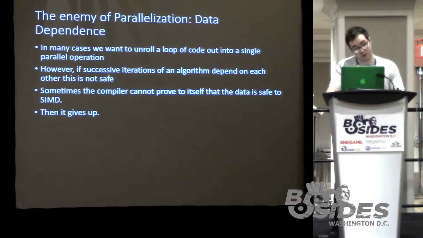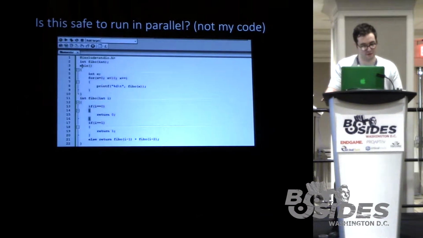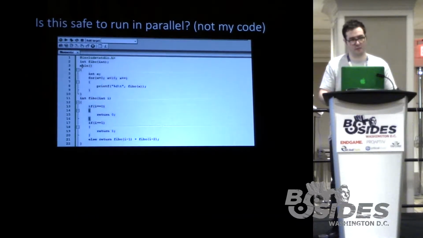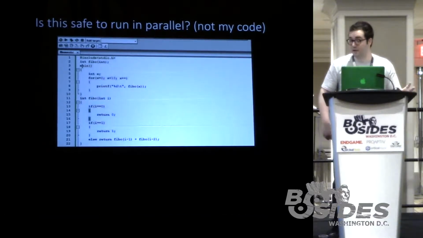But in a lot of situations, we can teach the compiler that it's okay, or we can just do things manually. So here's a case to get you thinking about what an unsafe parallel situation would be. This is the Fibonacci sequence. Most people are familiar with it, it comes up in coding interviews. Because we're computing things based on previous values, we can't do it all at the same time.